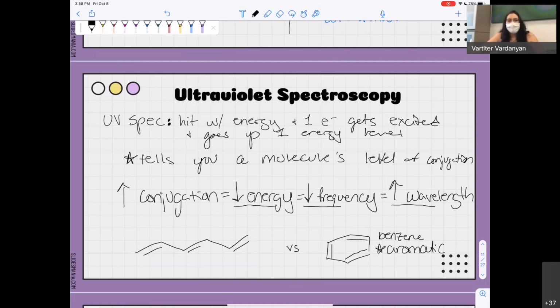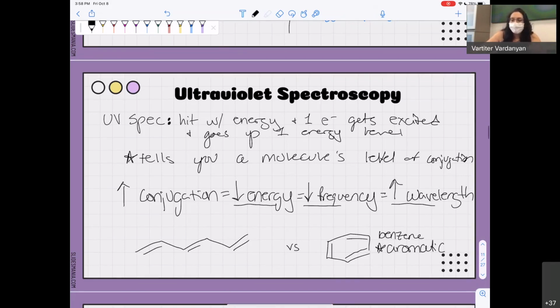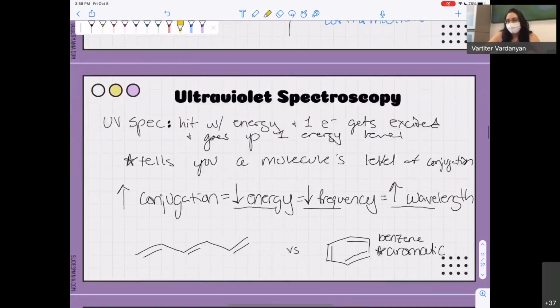So when we are comparing an aromatic ring to a conjugated molecule that has the same number of double bonds, the aromatic one is going to be much more stable. So benzene's always going to win because being aromatic is way more stable than just being a triene.